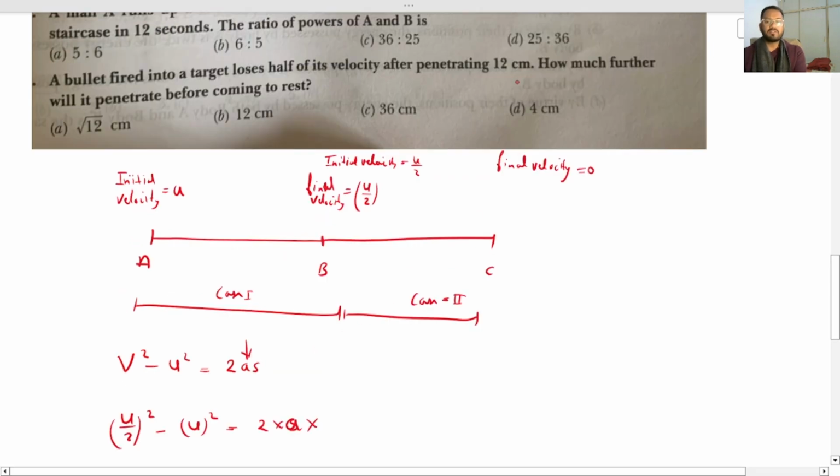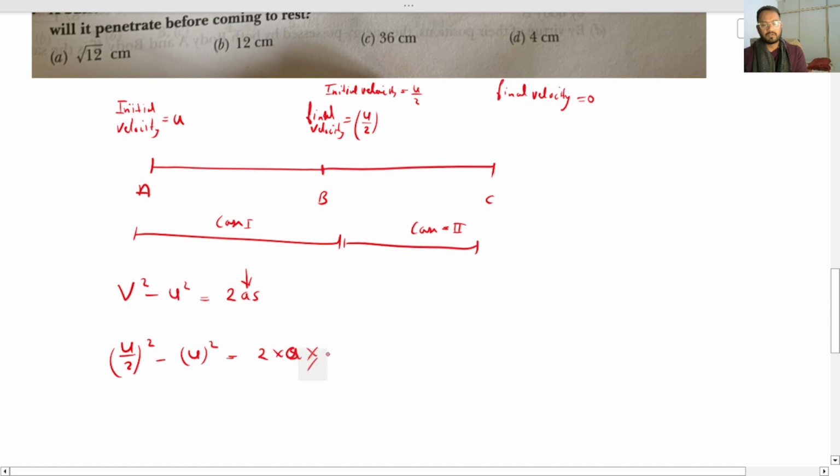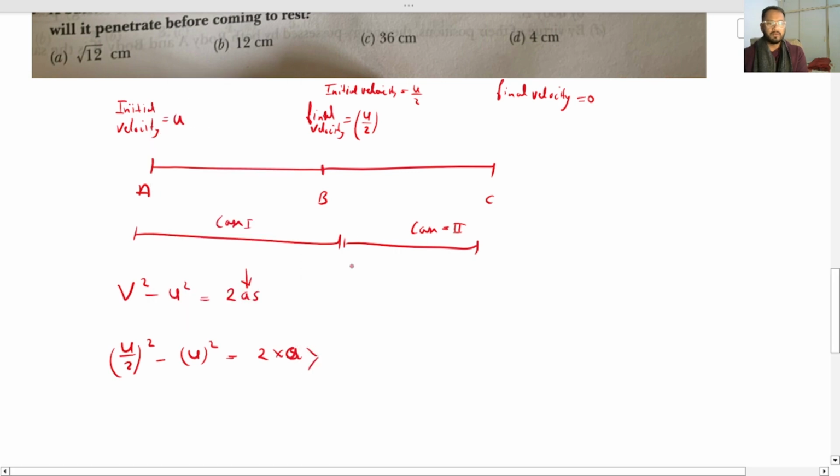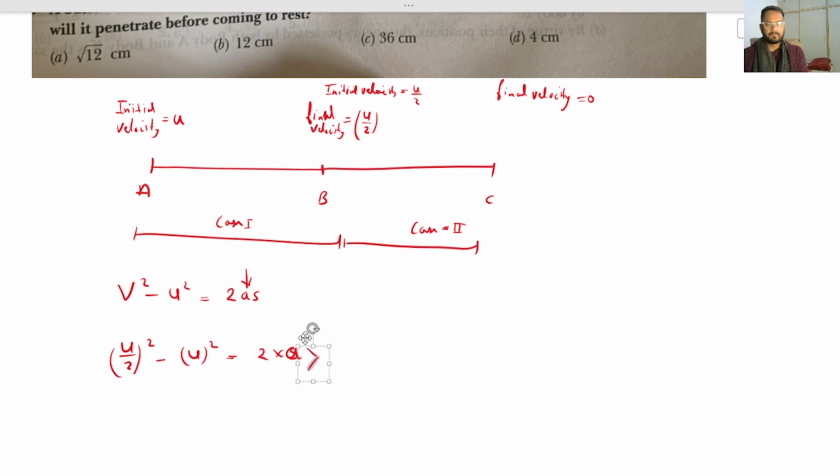s is the penetration, which is 12 centimeter. So 2 into a into s is 12 centimeter, right?